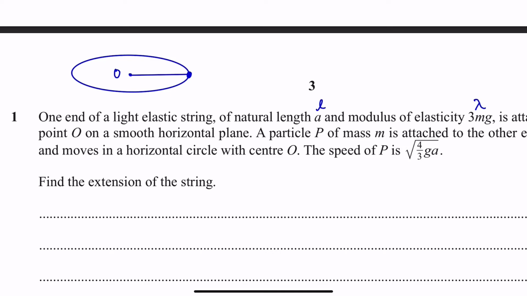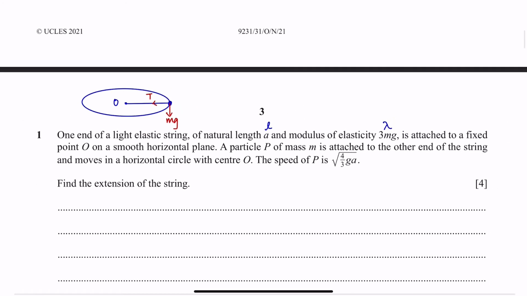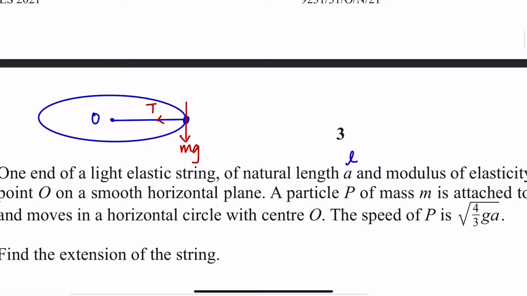Now let's draw the forces on the particle. So we have its weight, mg. We have the tension here, and since it's on a horizontal plane, we will have the normal reaction force.